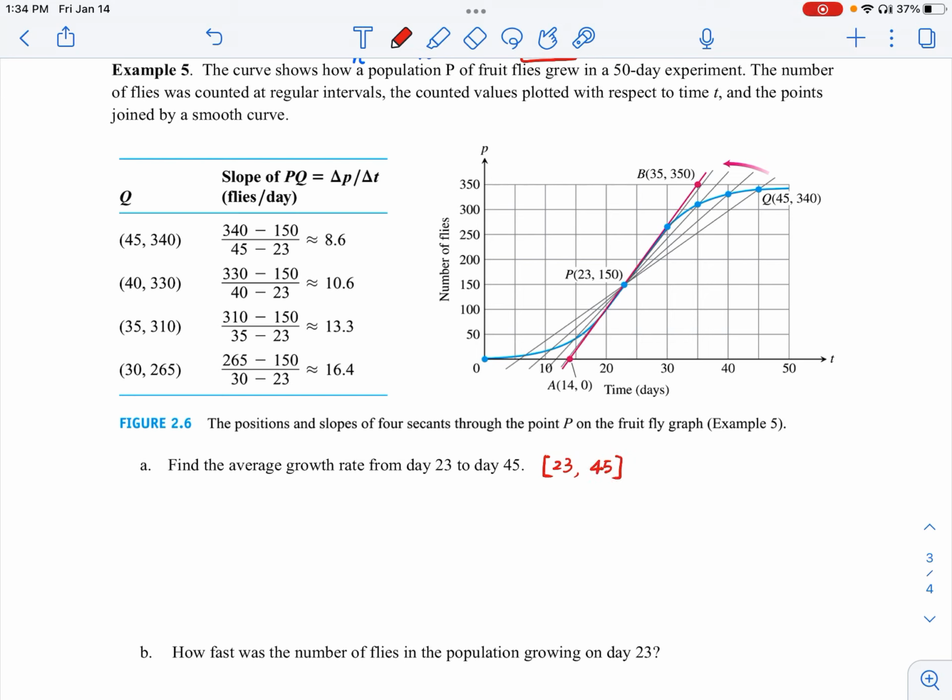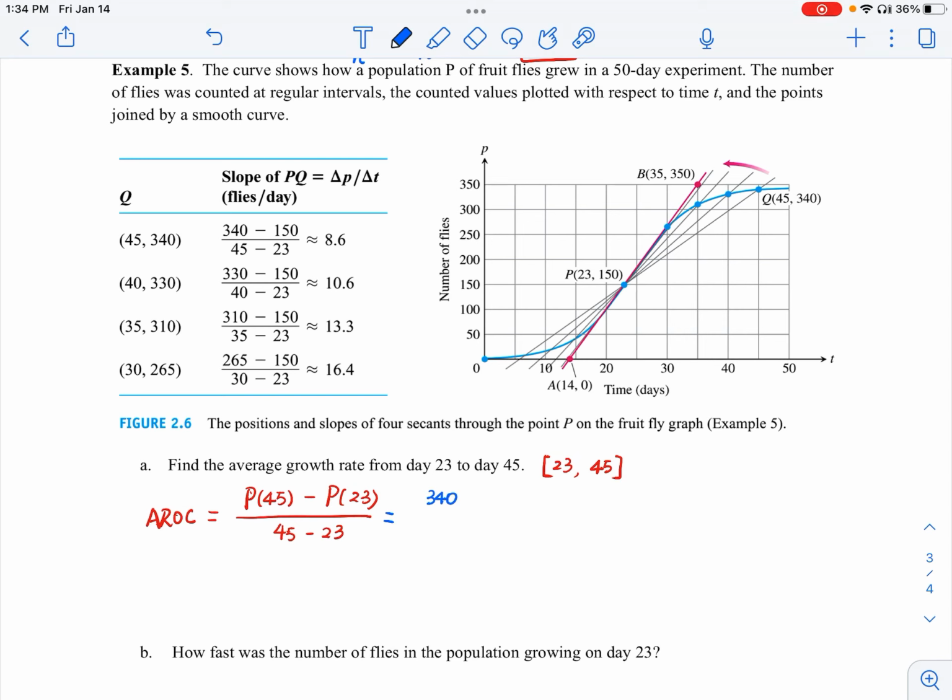Okay, average rate of change. So here that should be P at 45 minus population at 23, divided by the difference in time, 45 minus 23. Let's check what we can see. When the day is 45, which is the point Q, the X value is 45 and the population, the Y value, is 340.